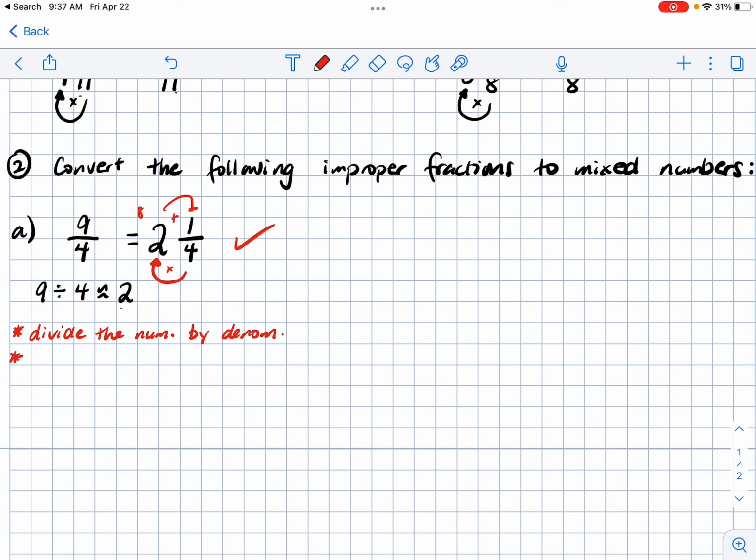The closest whole number without going over becomes your whole number in the mixed number. And then the remainder is the numerator in the fraction. Hopefully that makes sense.